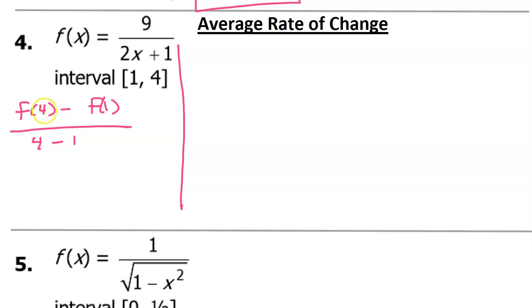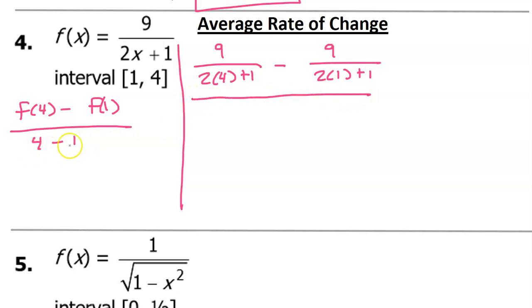But here I go. f at 4 would be 9 over 2 times 4 plus 1, so f at 4 minus f at 1 would be 9 over 2 times 1 plus 1. And this is all over 4 minus 1.